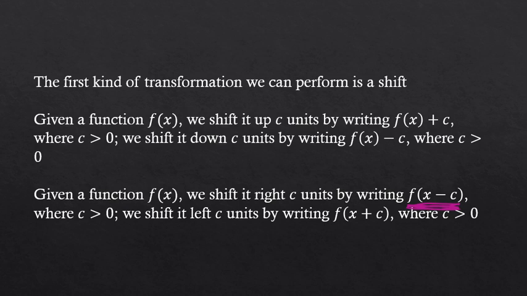This was a horizontal shift to the right. We shift it horizontally to the left by c units if we write f of the quantity x plus c, where c is a positive number. So x minus c is a shift right, x plus c is a shift left.